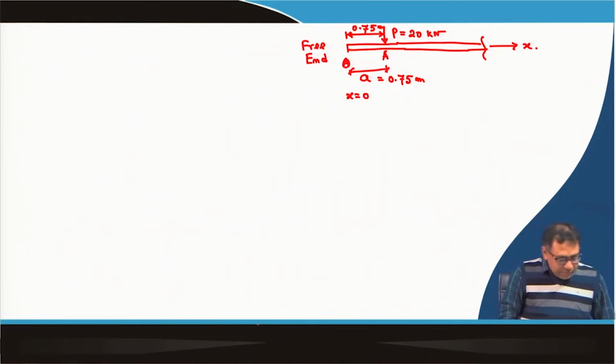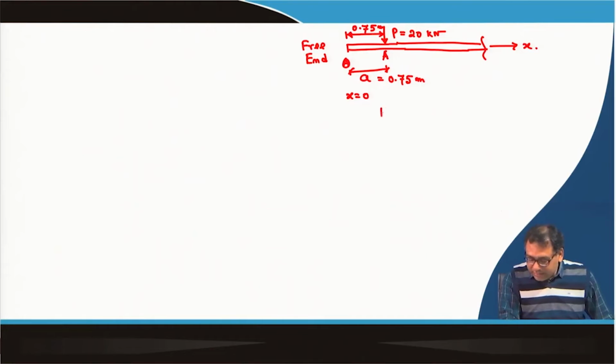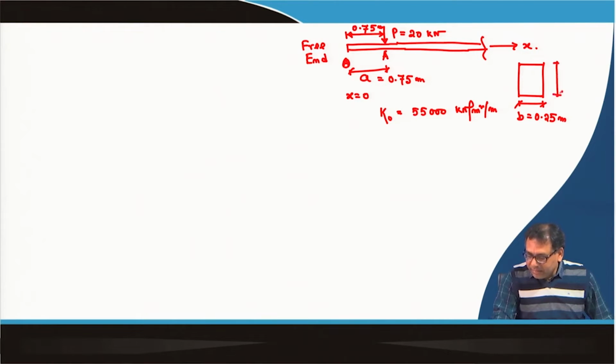Here again the k0 value is given, 55,000 kilonewton per meter square per meter. Then the cross section of the beam is B equal to 0.25 meter and H equal to 0.2 meter.